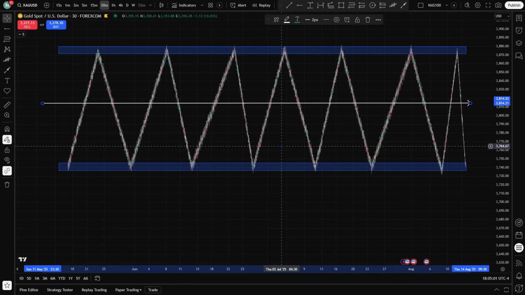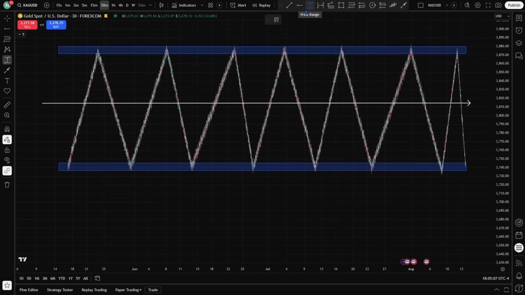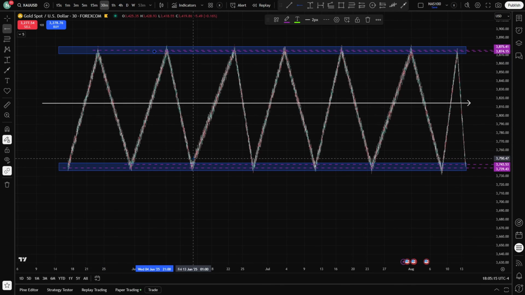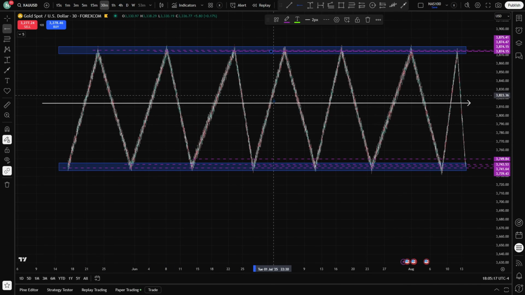So we don't want to go against the trend, but a lot of traders love to take advantage of this market condition, especially scalpers. They love to scalp the bottom of support, get out early, and then start selling again. Buy again, sell, buy, sell, buy, sell, right? So that's what they like to do. But we're going to go over confirmations.